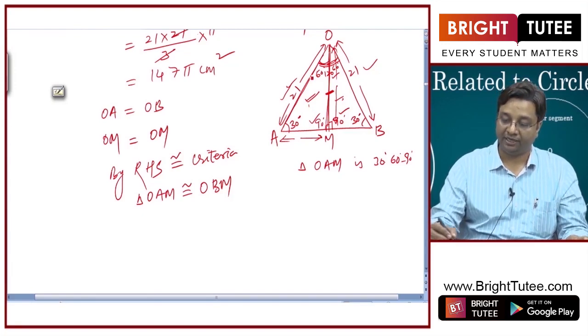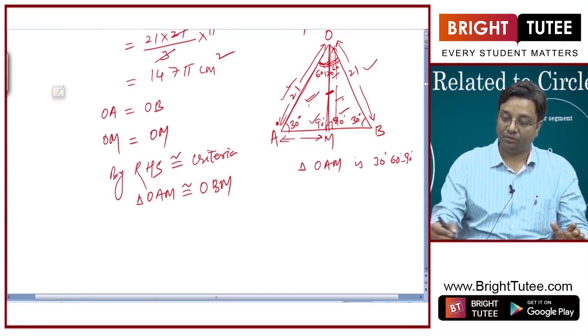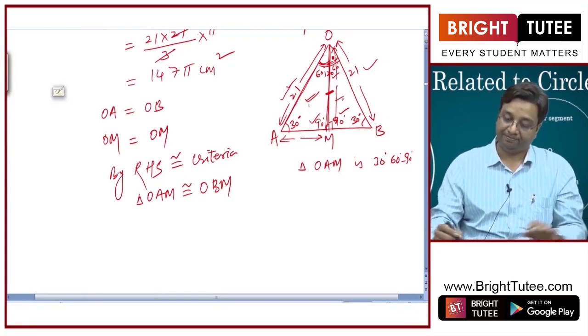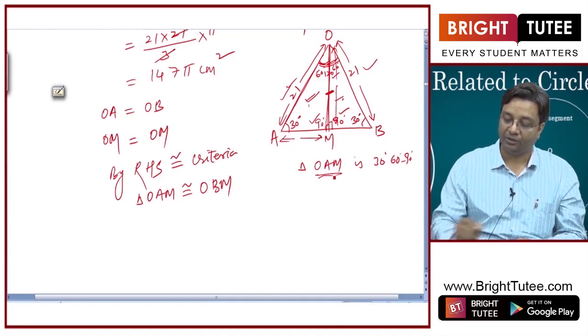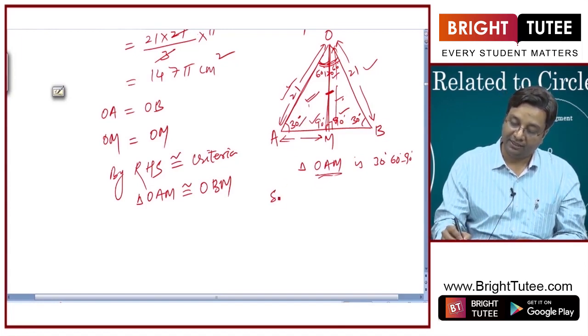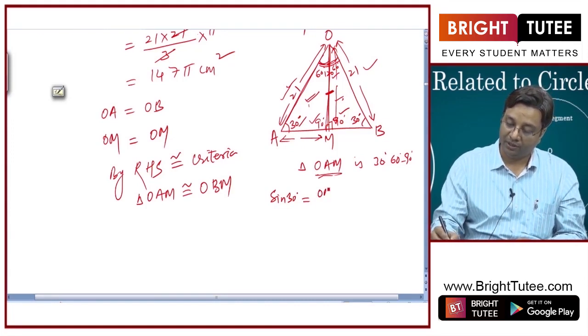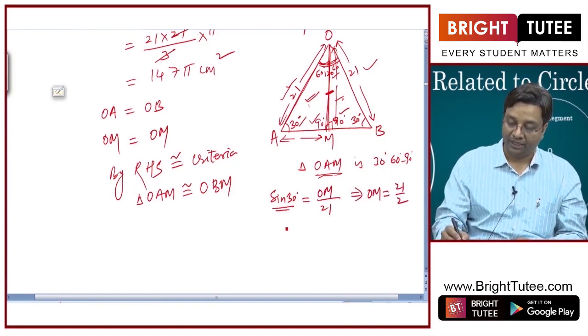So if I calculate area of OAM, then I'll double it to calculate the area OAB. Okay, so if I apply sine 30, it is equal to opposite OM by hypotenuse 21. Sine 30 is 1 by 2, so OM is equal to 21 by 2, right?